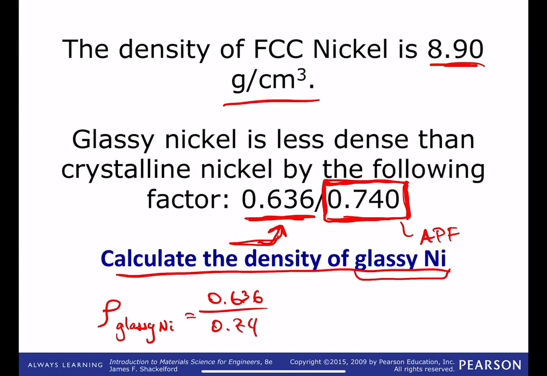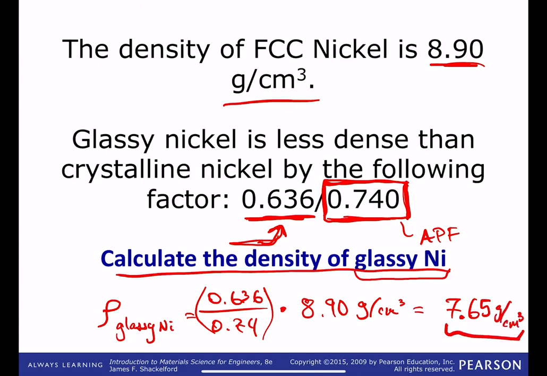That's the ratio, the information that's been given to us, times the density information of 8.90 grams per centimeter cubed. And so here you can see that we're going to end up with a number less than 1. So 0.636 divided by 0.74 times the 8.9. So the new density, the amorphous glassy nickel, is 7.65 grams per cubic centimeter.